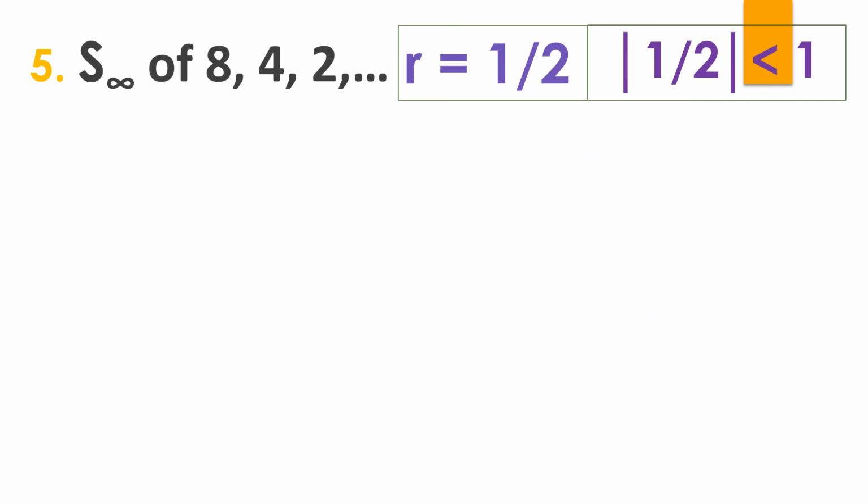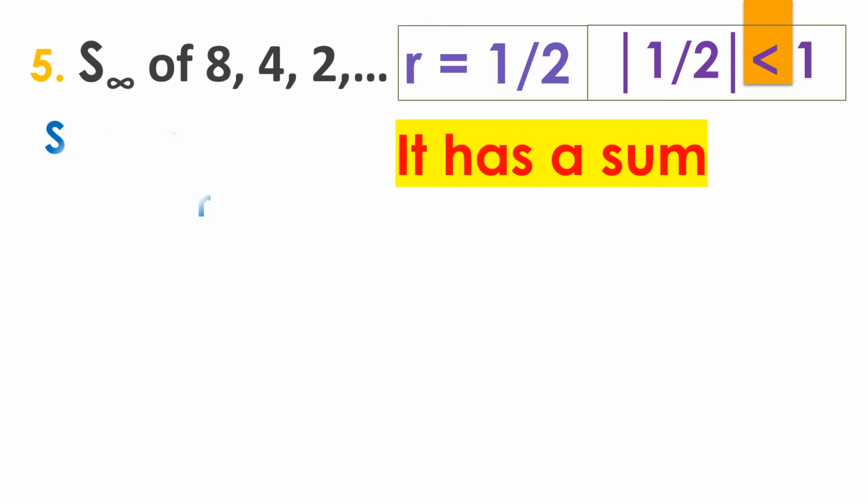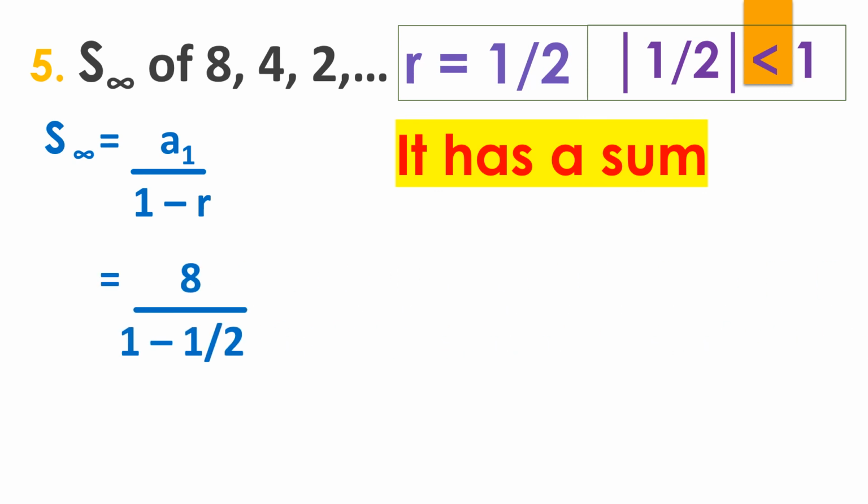Finally, we have S sub infinity of 8, 4, 2. r is equal to 1/2, and since the absolute value of 1/2 is less than 1, it has a sum. And we may use the formula S sub infinity is equal to a sub 1 divided by 1 minus r. Substitute the corresponding value of the variables.